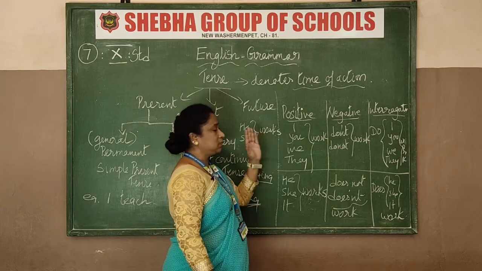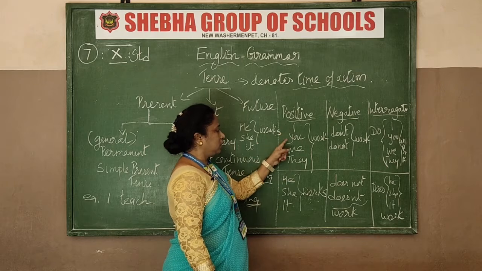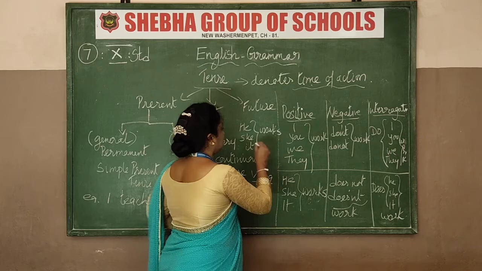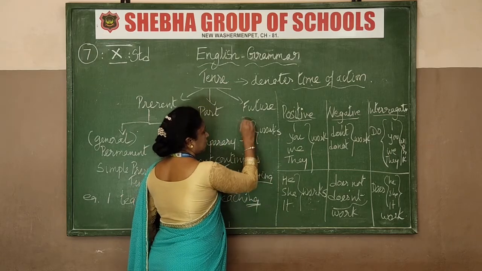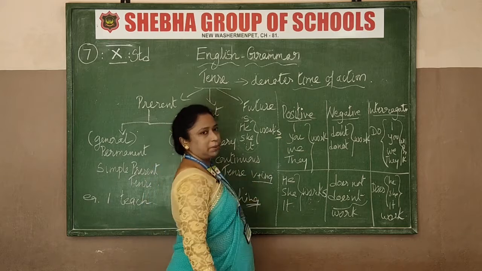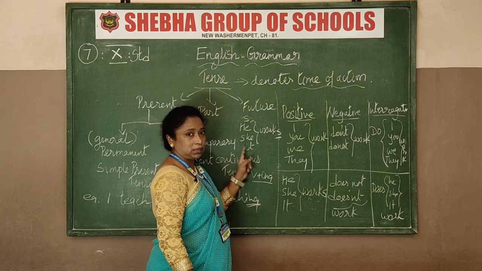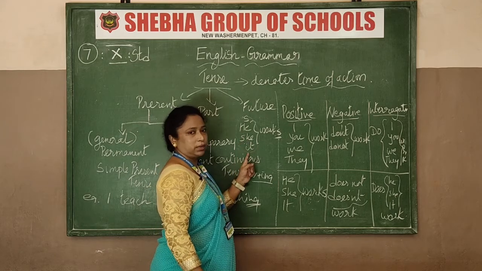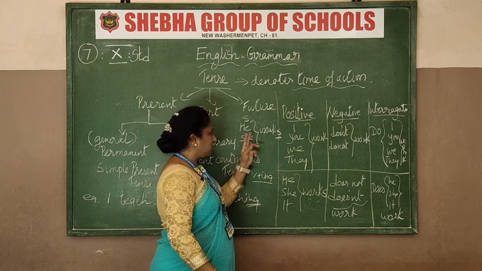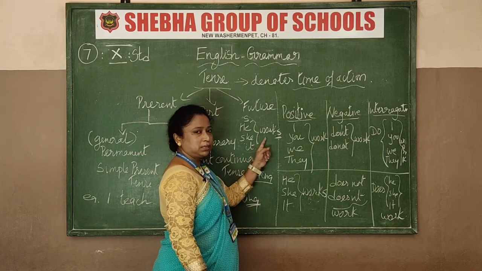The second group is I, you, we, they. He, she, it is singular. For a singular noun, the verb takes the s agreement. That's the agreement of the verb. He works, she works, it works.